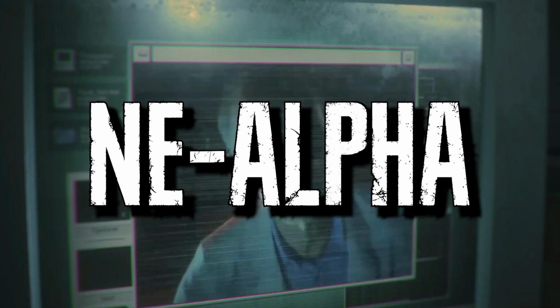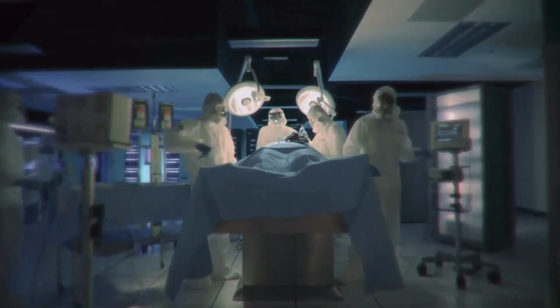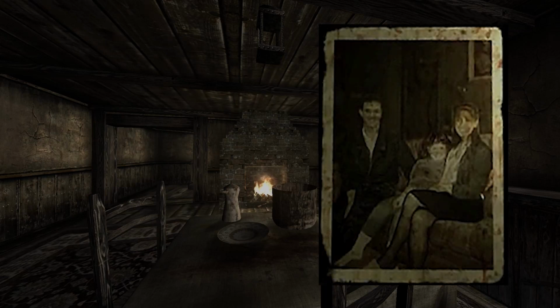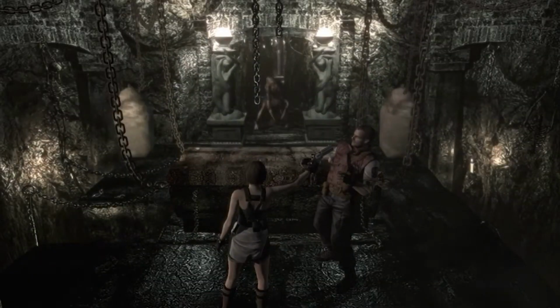But the problem was that this parasite would kill its host instantly, so they needed a test subject strong enough to handle that. So they first used it on Lisa Trevor. Lisa Trevor was an innocent child who was a guinea pig for Umbrella researchers. She was infected with all kinds of viruses from a young age, and her body was indestructible, so they injected her with that parasite.